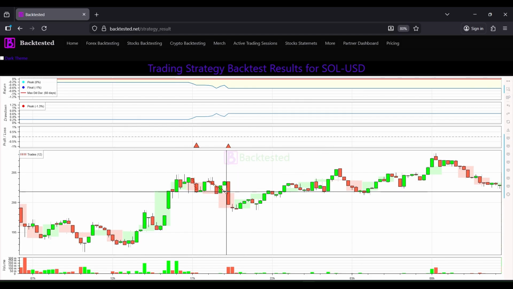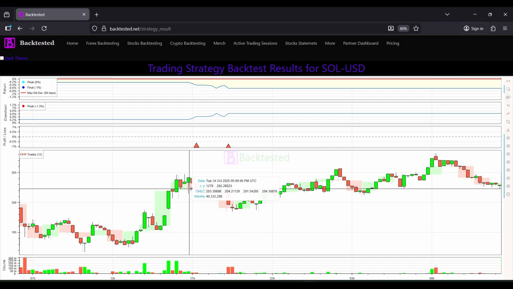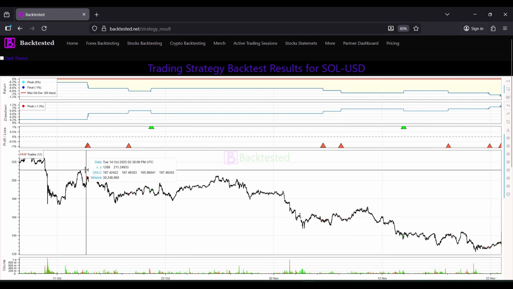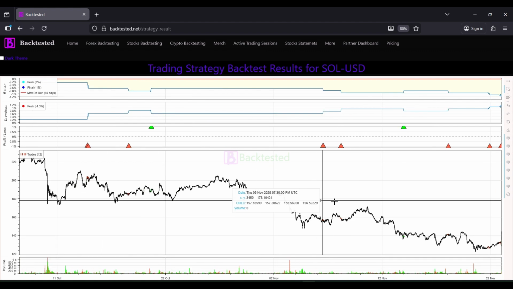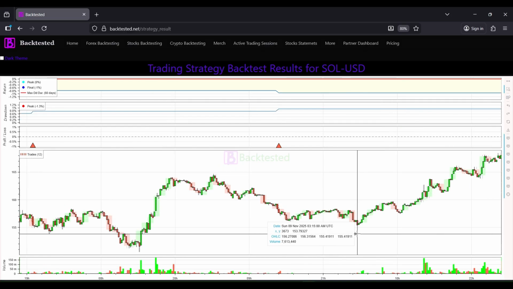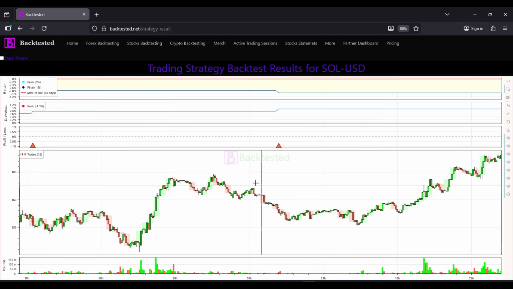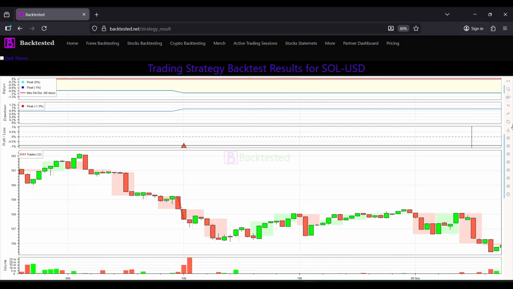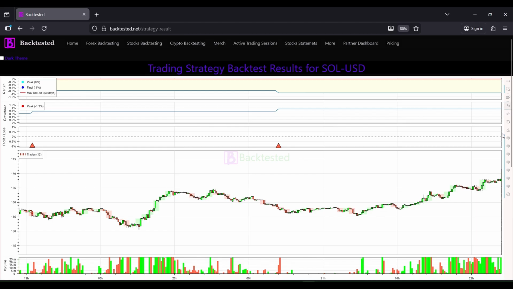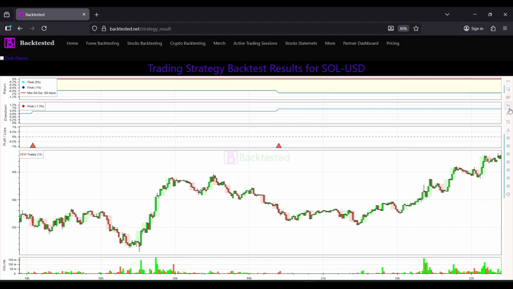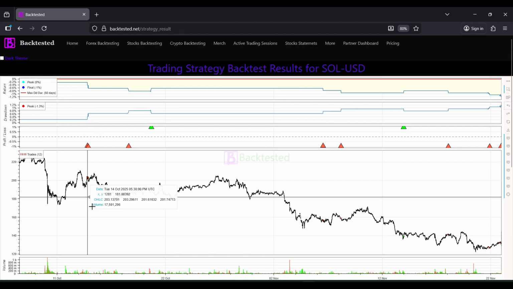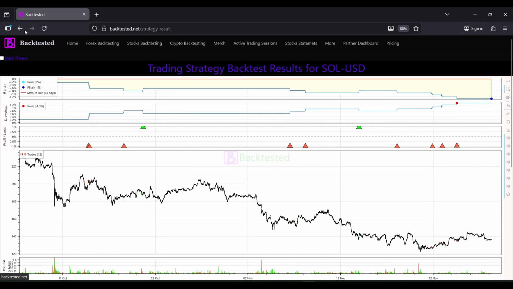Okay, so as you can see, when I zoomed in, let's disable the dark mode to have more clear vision in this. I can see that. Let me go back a bit. Yeah, most of those trades are losses.